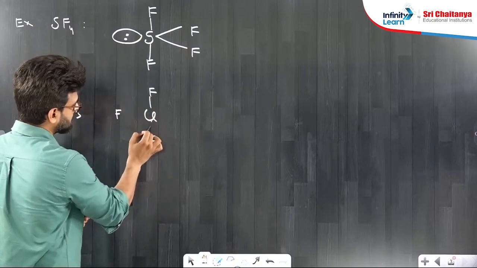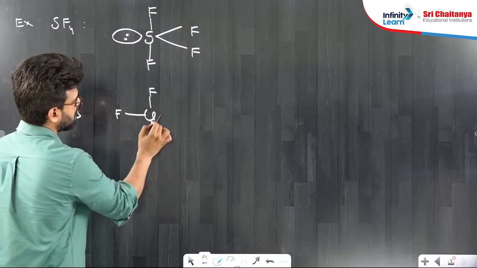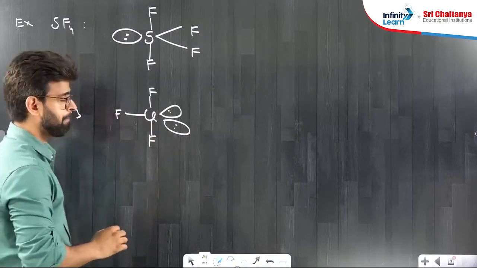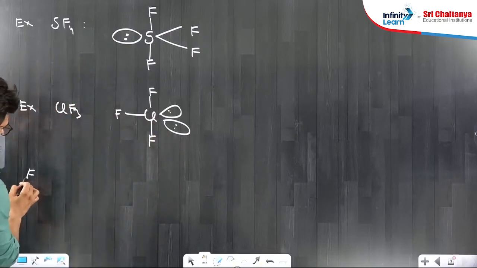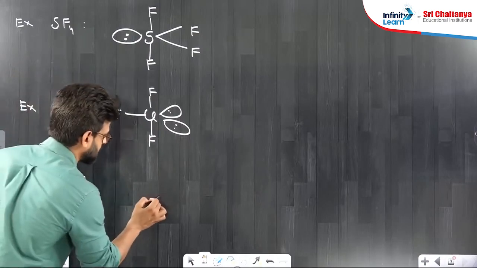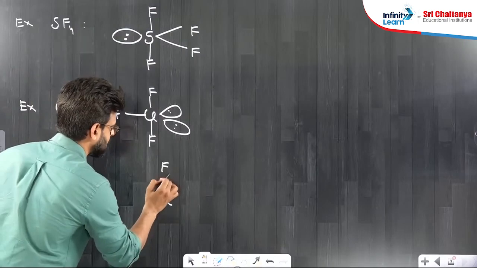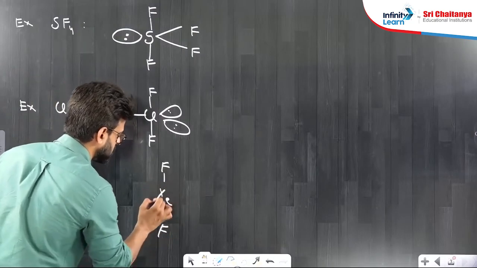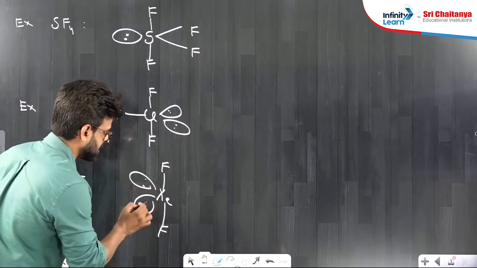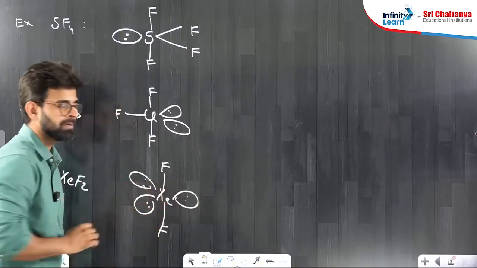It is using 3 valence electrons to make bonds, and the remaining 4 become what? 2 lone pairs. Fine. The next case you can take here is XeF2. Xenon has 8 valence electrons. Out of 8 valence electrons, 2 are used in making bonds. Remaining 6 become what? Lone pairs.